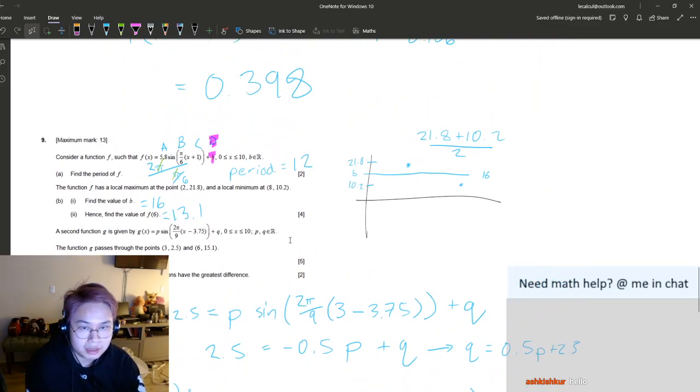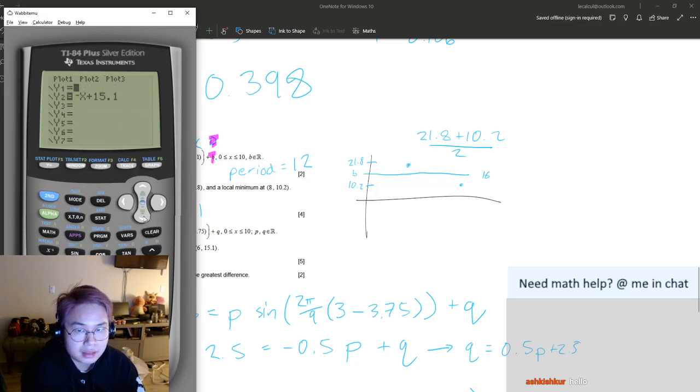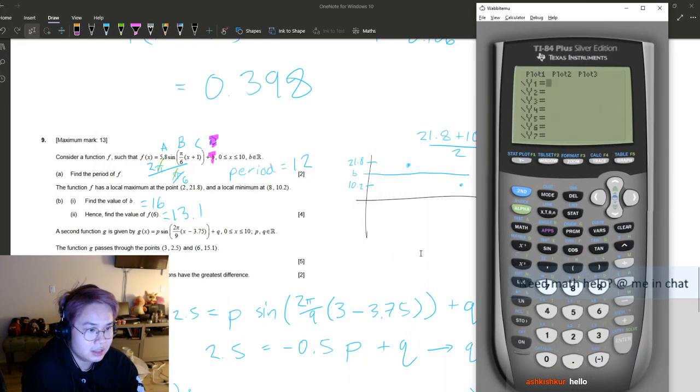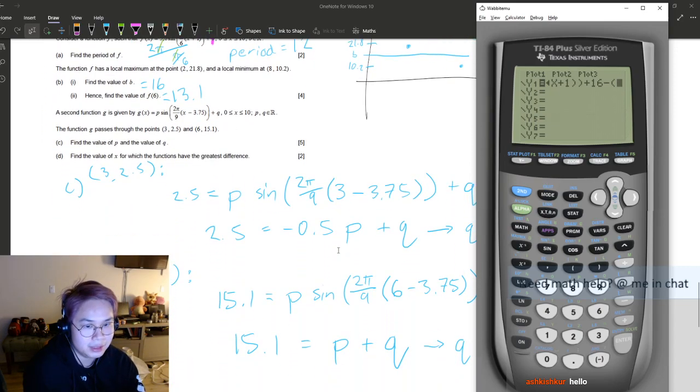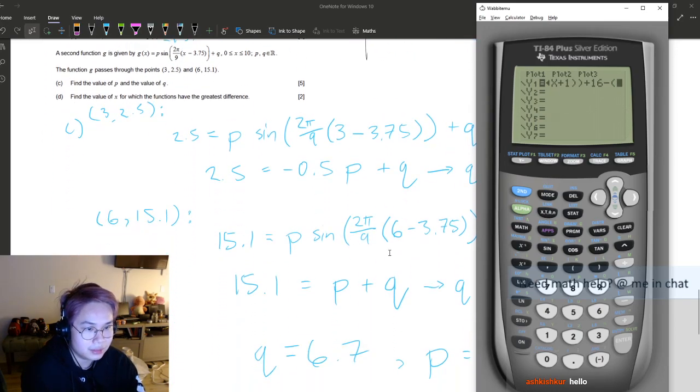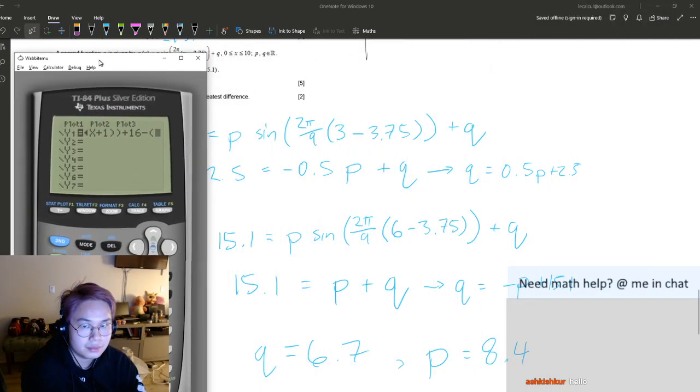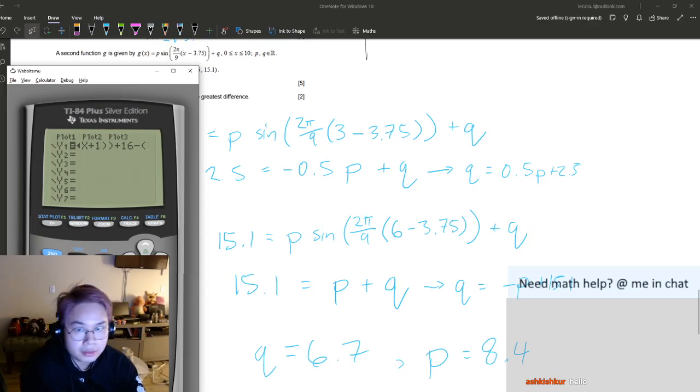All right, so here we go. Time to type this all in. Clear this out, clear this out. And then I'm going to put f minus g, so 5.8 sine pi divided by 6 bracket x plus 1 bracket, another bracket, plus 16. And then I'm going to subtract the g function, which was all of this stuff. And then we did find p and q. So it's p, which was 8.4.